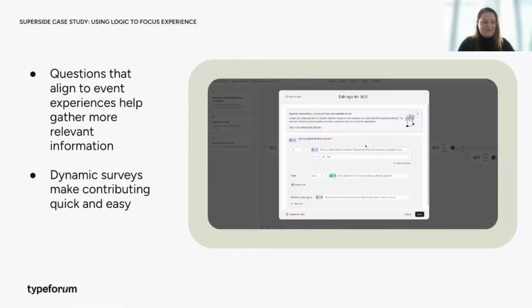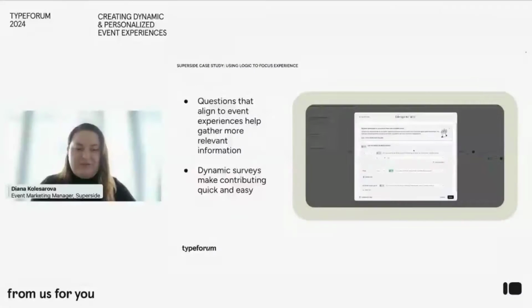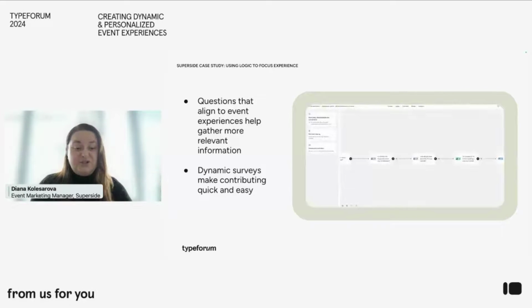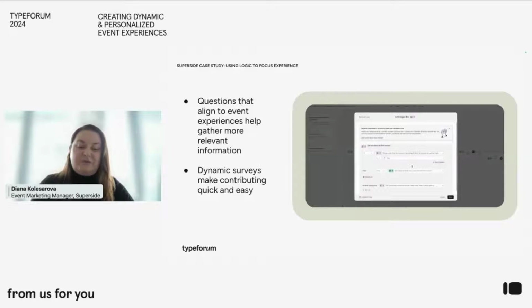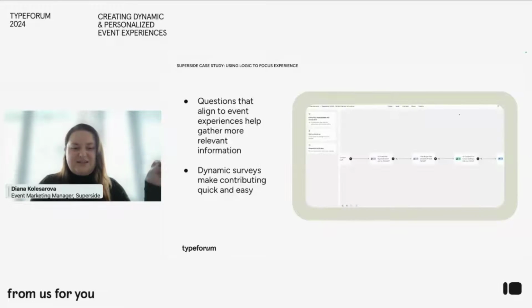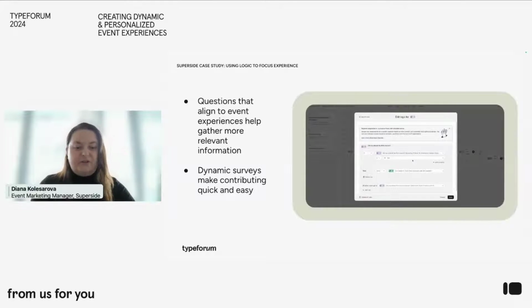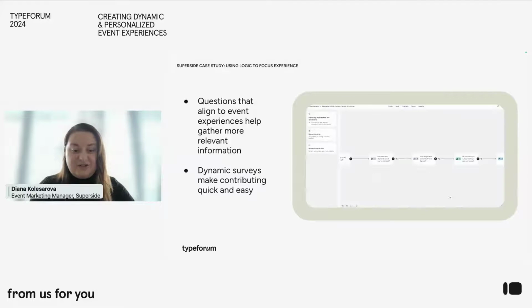So when we're gathering feedback, we really want to ask people, did you attend? If they say yes, then we ask, how would you rate the session? How can we improve? This way we don't waste their time, and we get quality answers from people who actually attended the sessions.